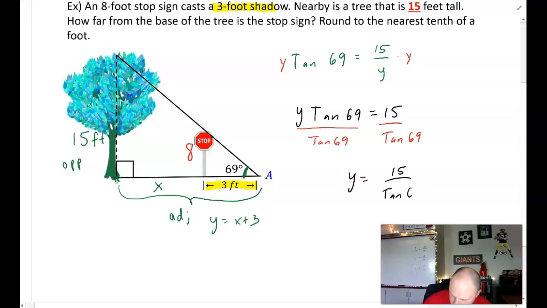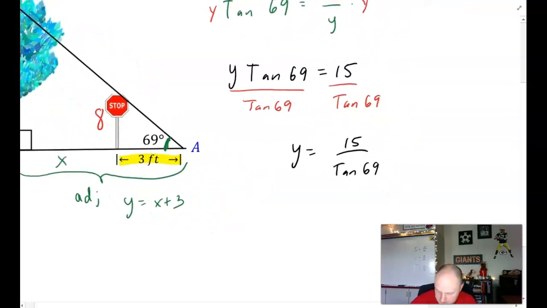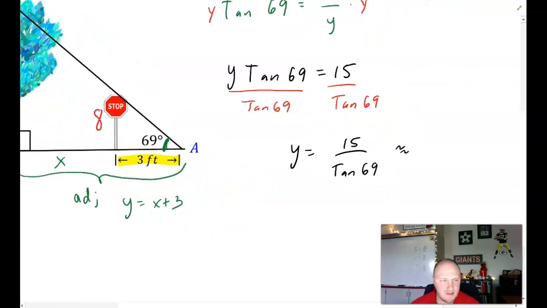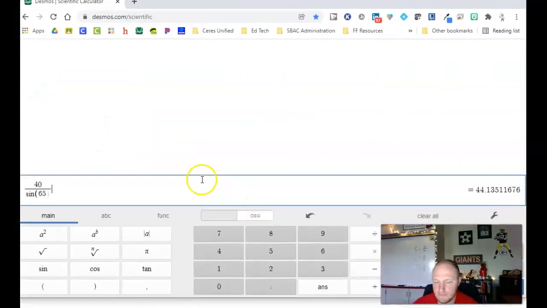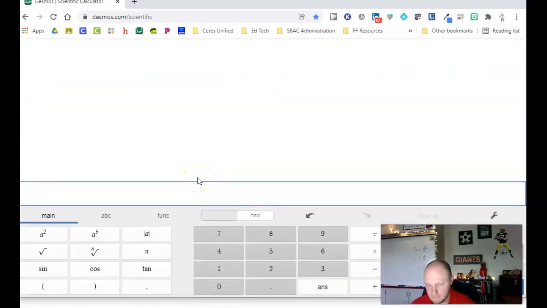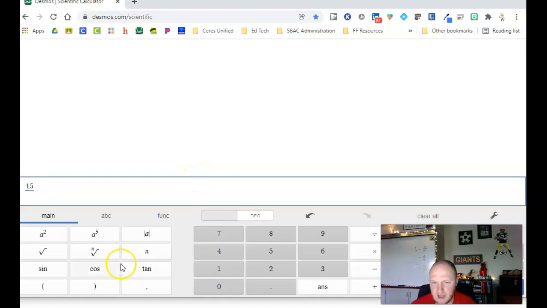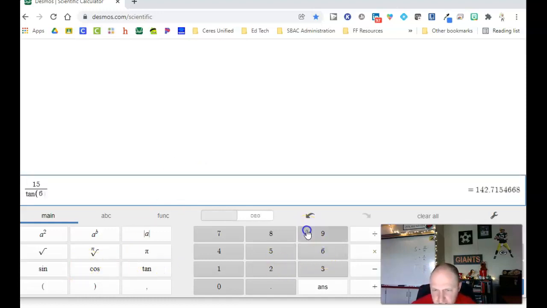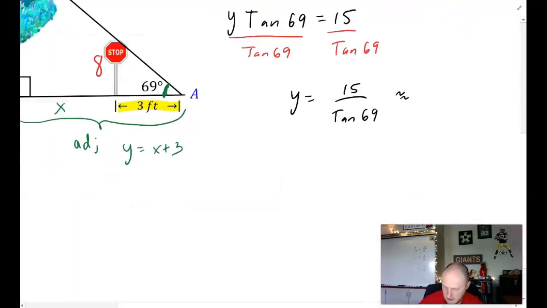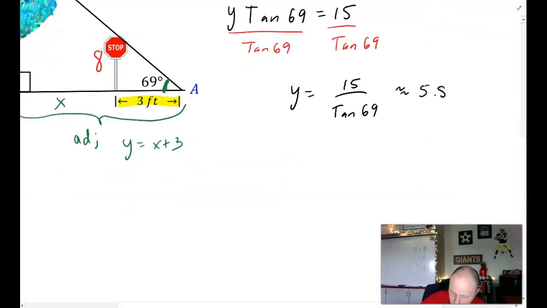Not 169, just 69. Let's plug this into our calculator. 15 divided by tangent of 69, and we get 5.8. So 5.8 is what y is approximately.